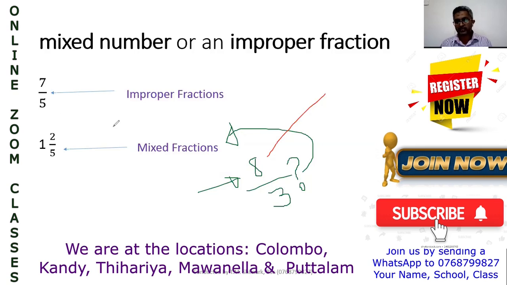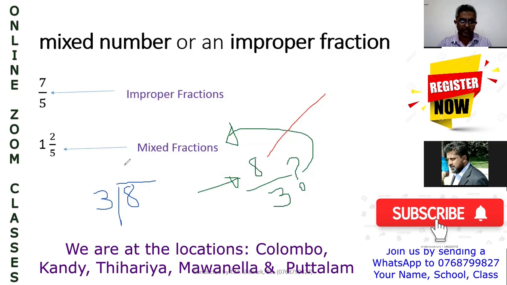Can we try and get the answer for this? 8 by 3 means how do we get a mixed fraction? 8 divided by 3, right? So how many times is 3 there in 8? It's only 2 times. So 2 into 3 is 6.